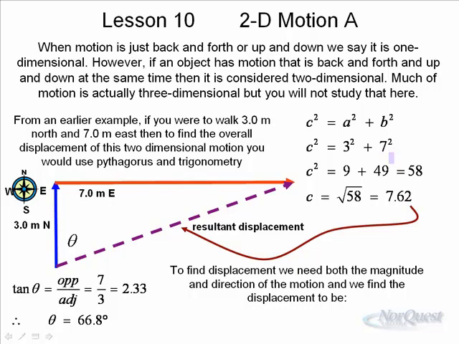And of course, that means 66.8 degrees to the east of north. We use north as our reference point, and we use how many degrees east of north, and that's a good way to describe motion. So our final answer, 7.62 meters at 66.8 degrees east of north.